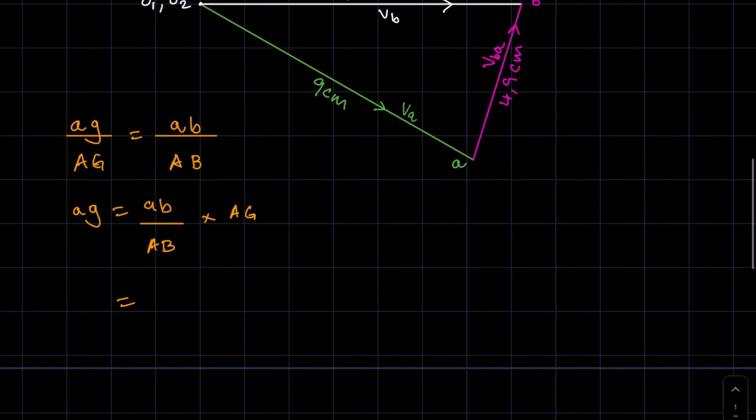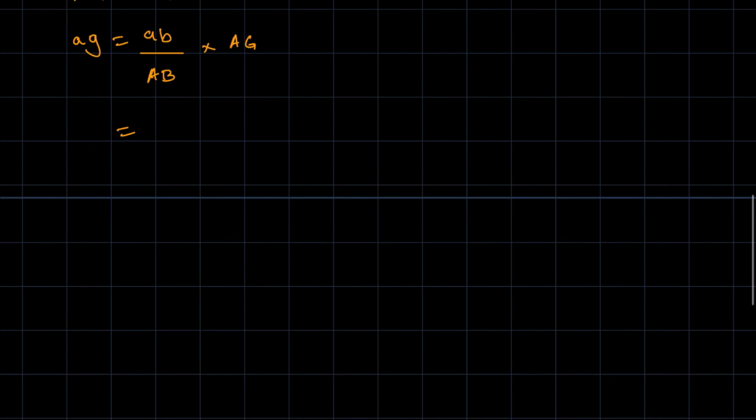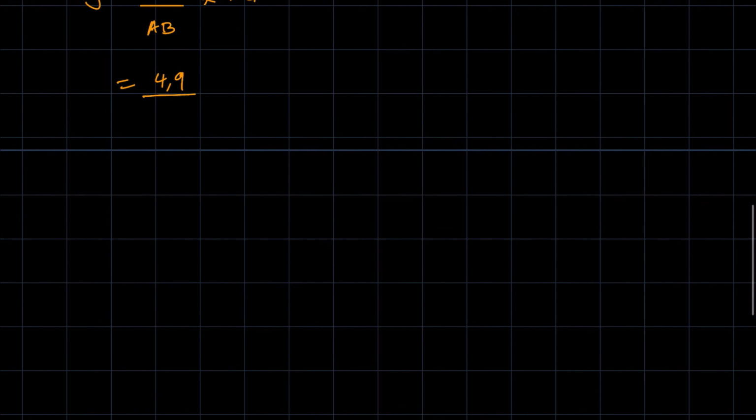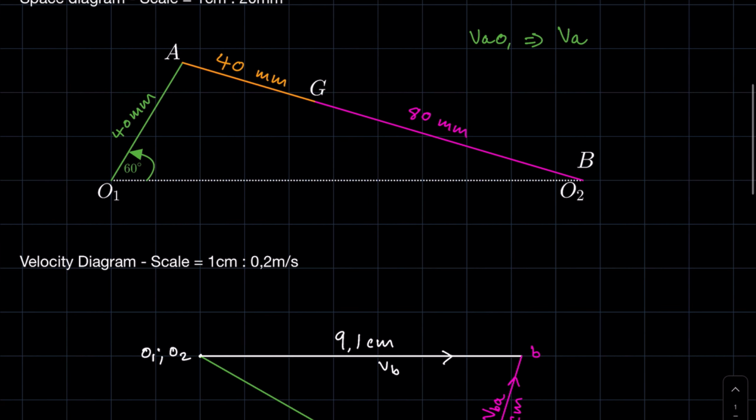AB on the velocity diagram is 4,9, so I use 4,9 divided by AB on the space diagram, which is 120 millimeters.